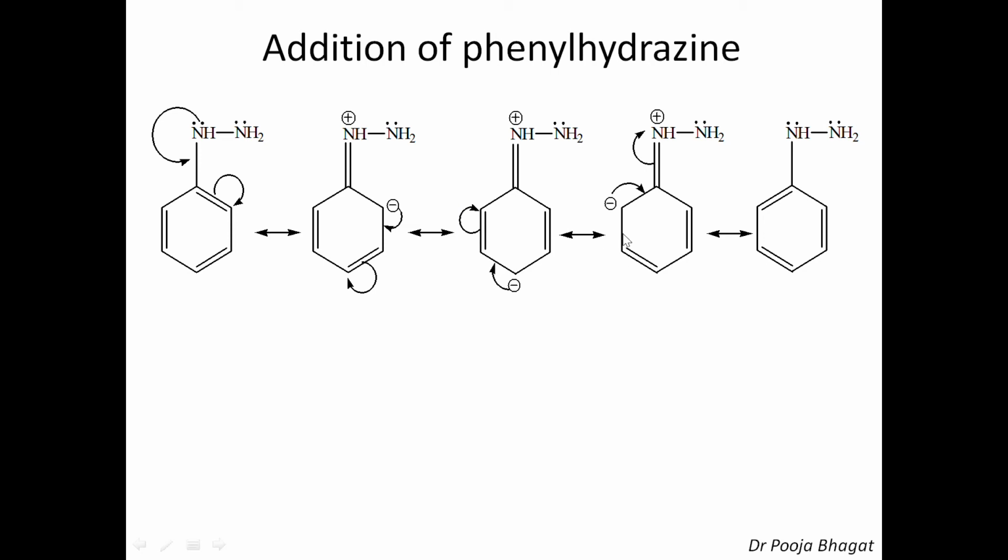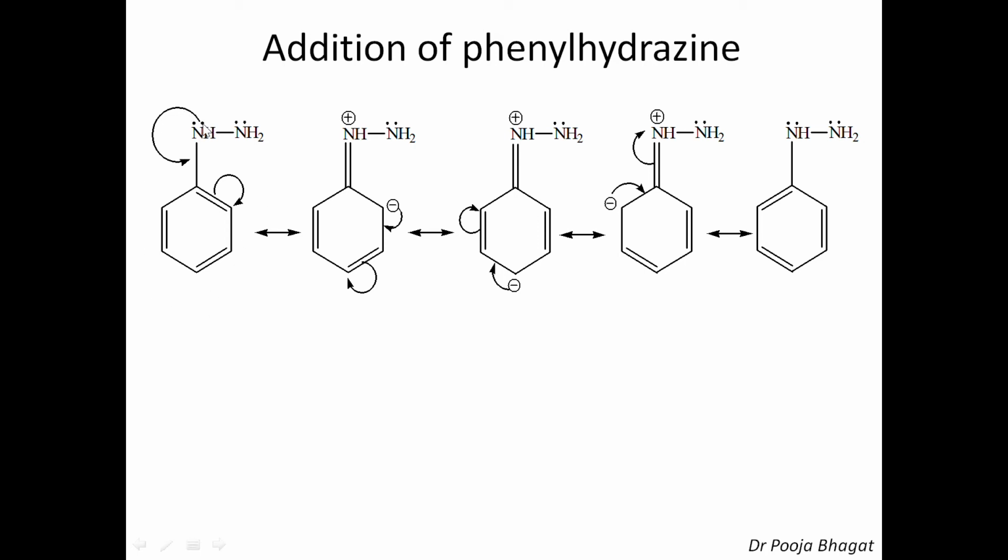Then this negative charge comes here and the pi electrons move towards the nitrogen, so the nitrogen becomes neutral. By these resonating structures, you can see that the lone pair of electrons on this nitrogen is delocalized over the whole benzene ring.